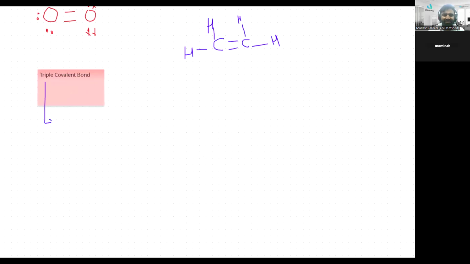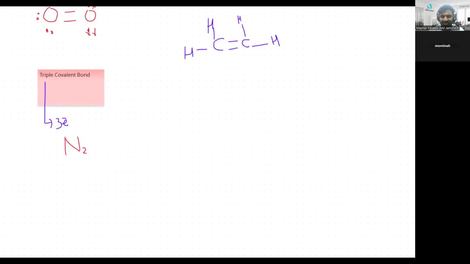It is when three shared electrons, electrons from each atom, will take part in the formation of the bond. Okay. So if we take the example like N2, this is called nitrogen gas. Now we check the bonding in N2.